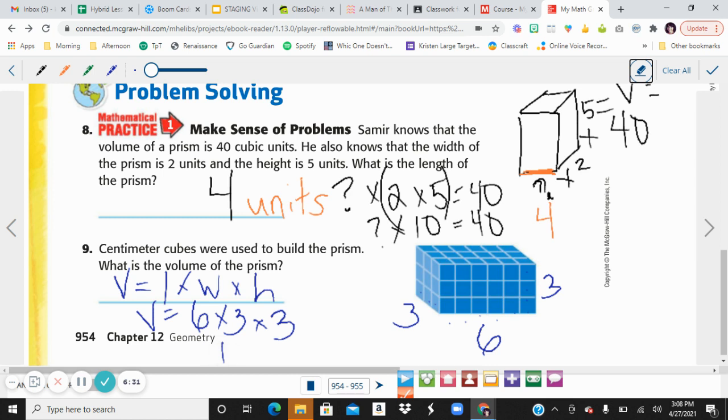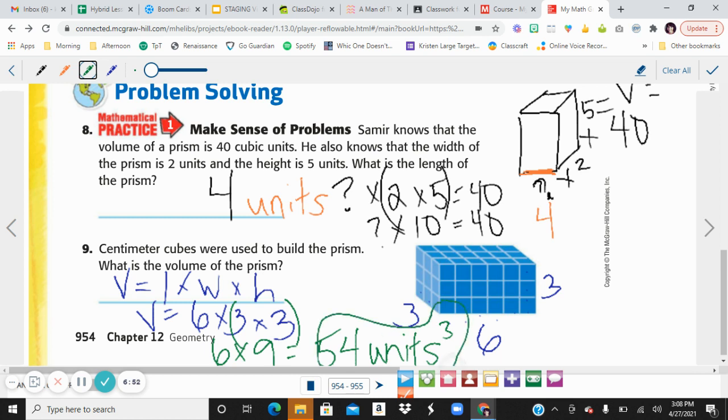So instead of doing 6 times 3 first, let's do 3 times 3 first. 3 times 3 is 9, and 6 times 9 is 54. So this is 54 units cubed. That's my final answer on that.